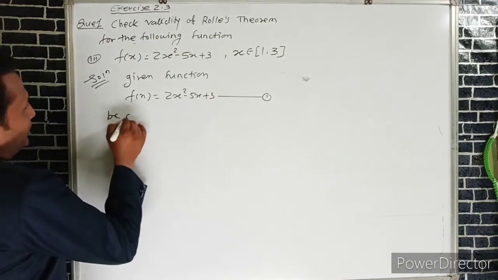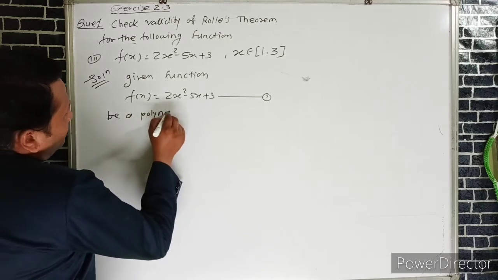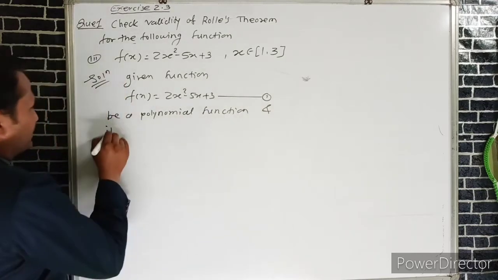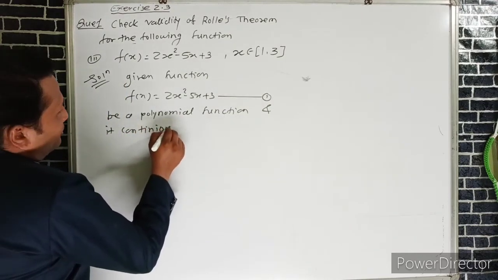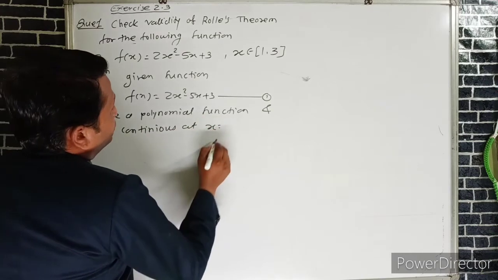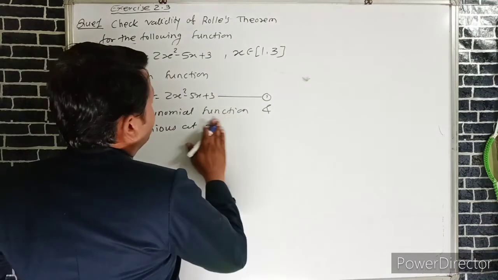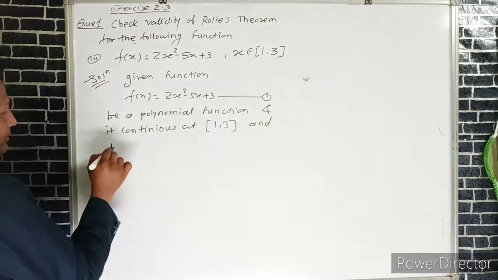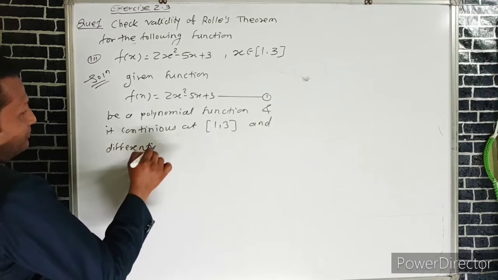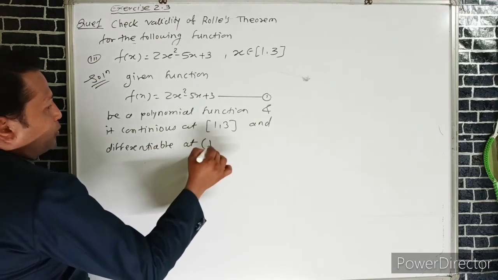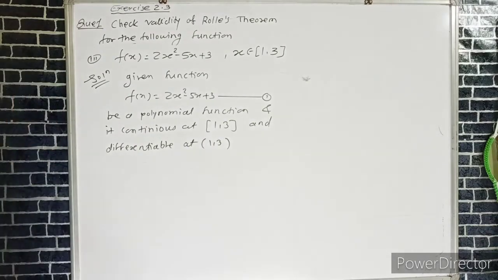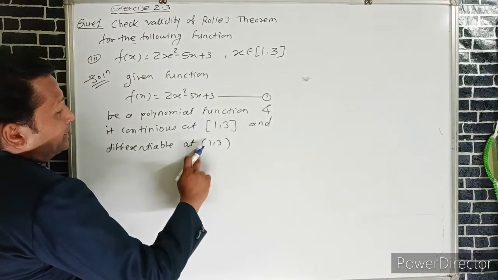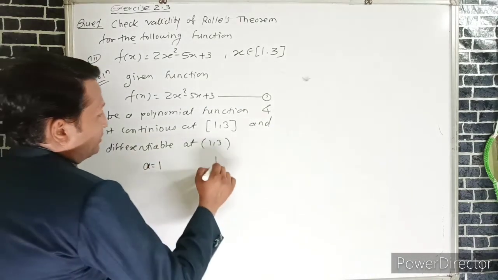Hence it is a polynomial function, and it is continuous on the closed interval 1, 3 and differentiable on the open interval 1, 3. Hence a, b is represented by 1, 3. Hence a is 1 and b is 3.